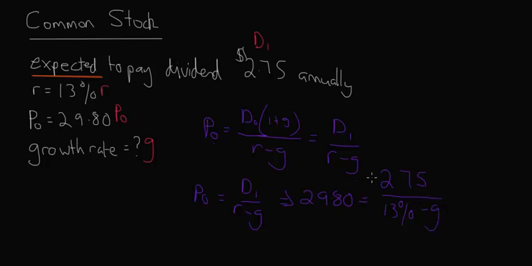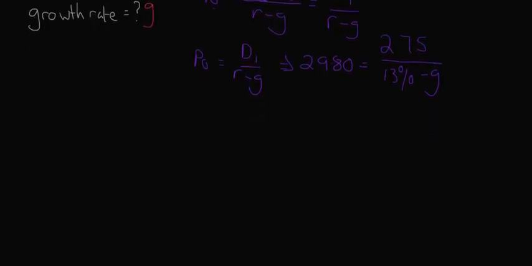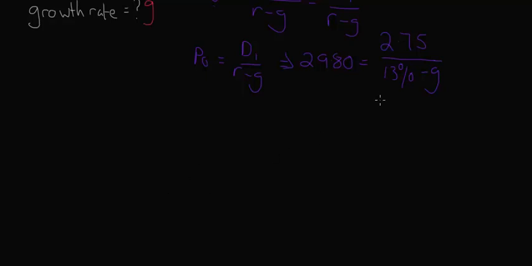That's it. We just have to rearrange this and find G. So let's do it. It'll be done as follows. You bring up this 13% minus G next to 29.80, so 29.80 times 13% minus G equals 2.75.